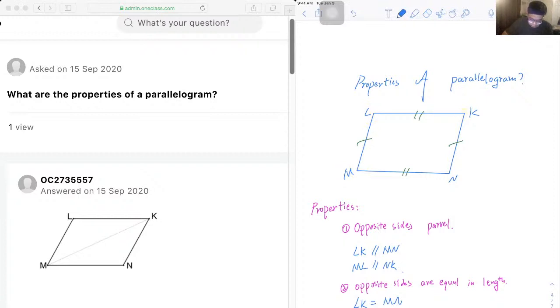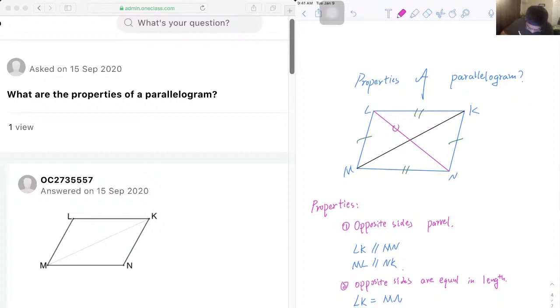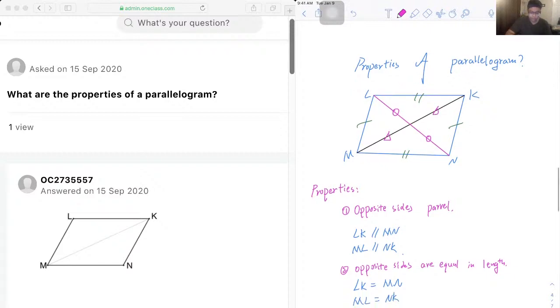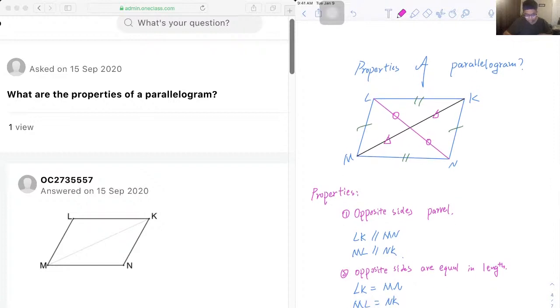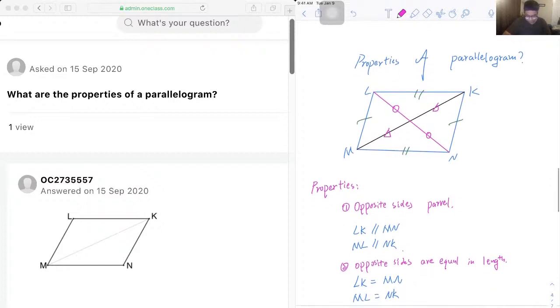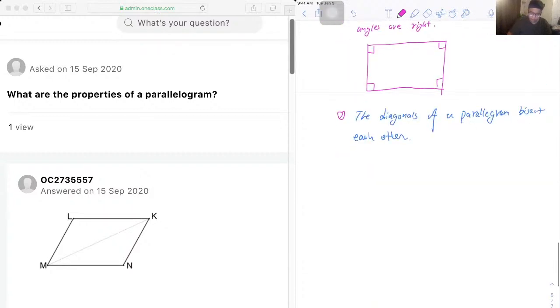If we draw the two diagonals, I'm going to use black and pink to represent them. Because they bisect each other, this part is equal to this part, and the left triangle part is equal to the right triangle part. So I think that's all we got for this question.